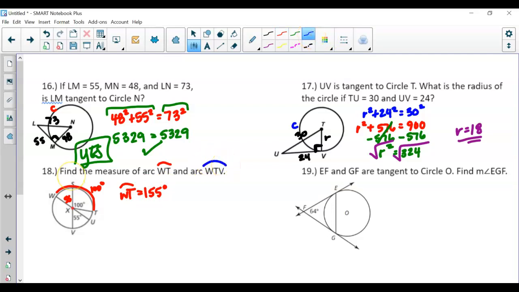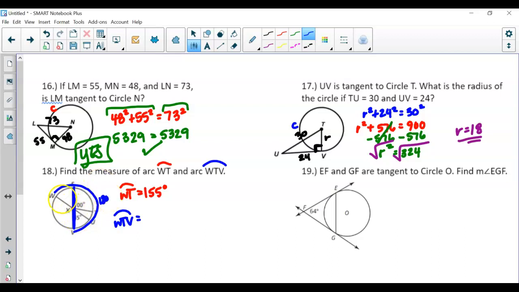Now arc WTV. So now arc, just to erase to show you, arc WTV is now all around. Now the way that I saw this is, well, again, I have my diameter. So I know that all of this here is 180.